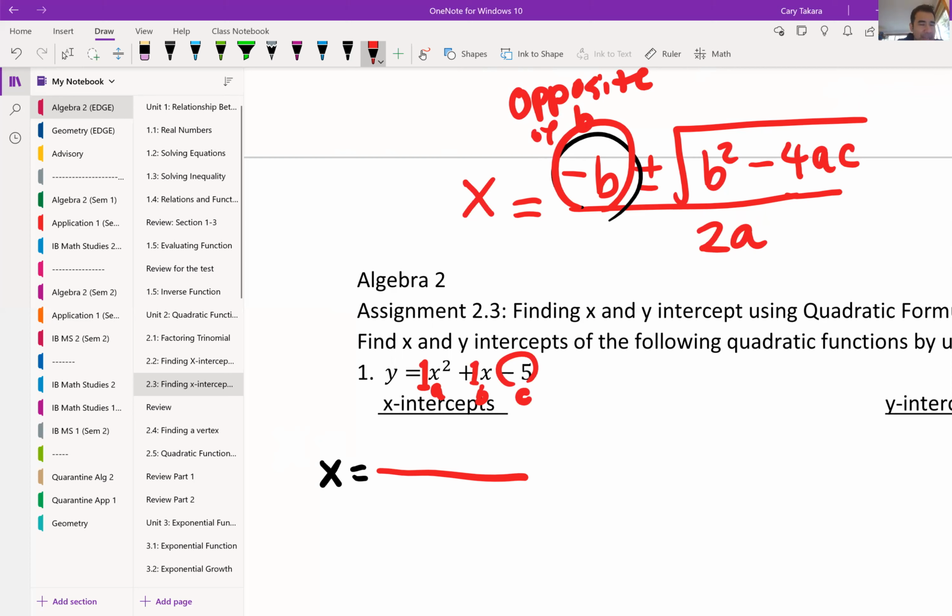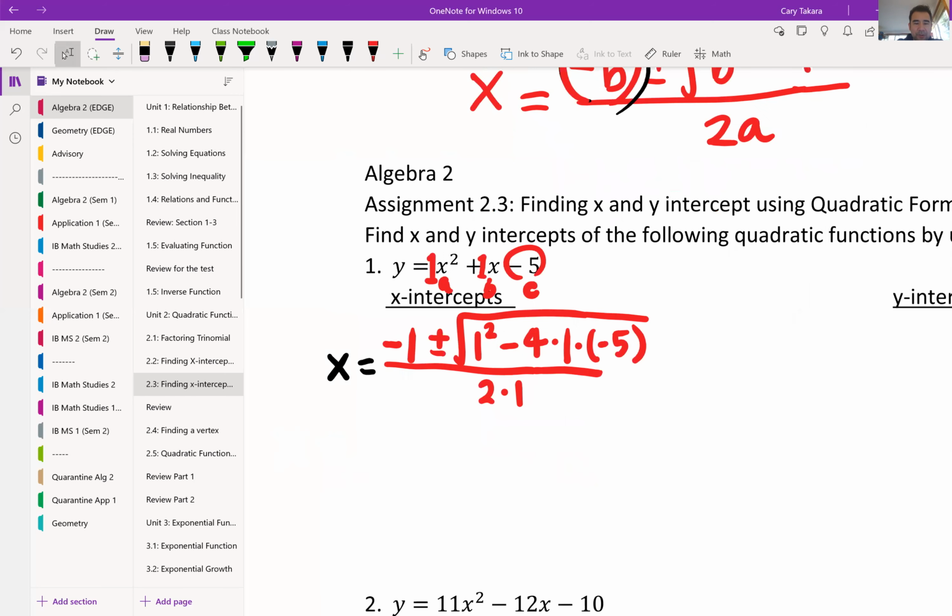Since B is 1, it's going to be -1 plus or minus the square root of 1 squared minus 4AC, over 2 times 1. Is it very good so far?